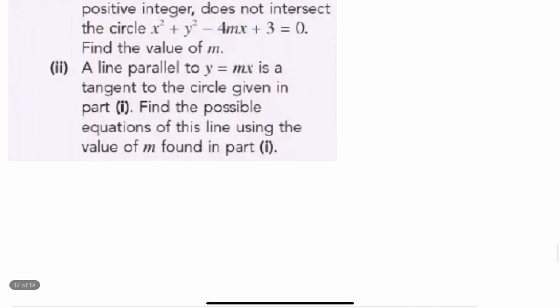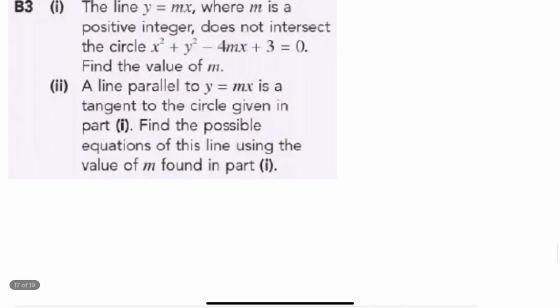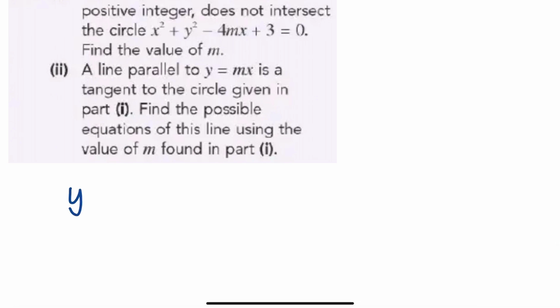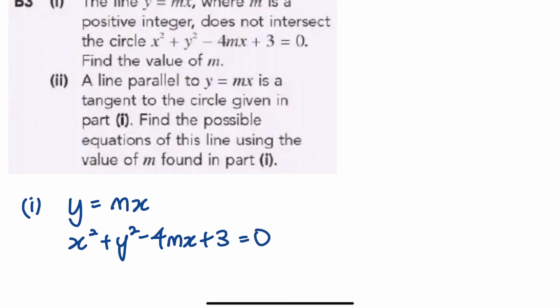Okay, so over here, the two equations I have for part 1 are simply y equals mx, and secondly, x squared plus y squared minus 4x plus 3 equals 0.